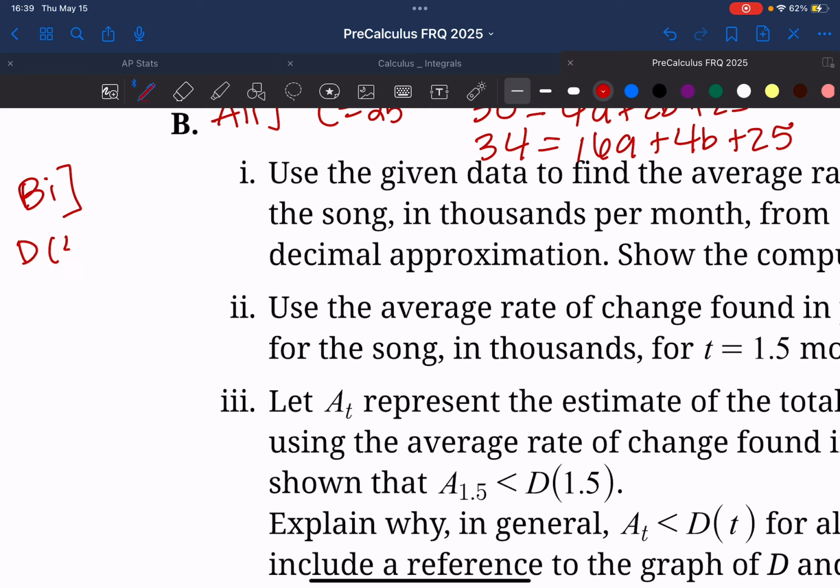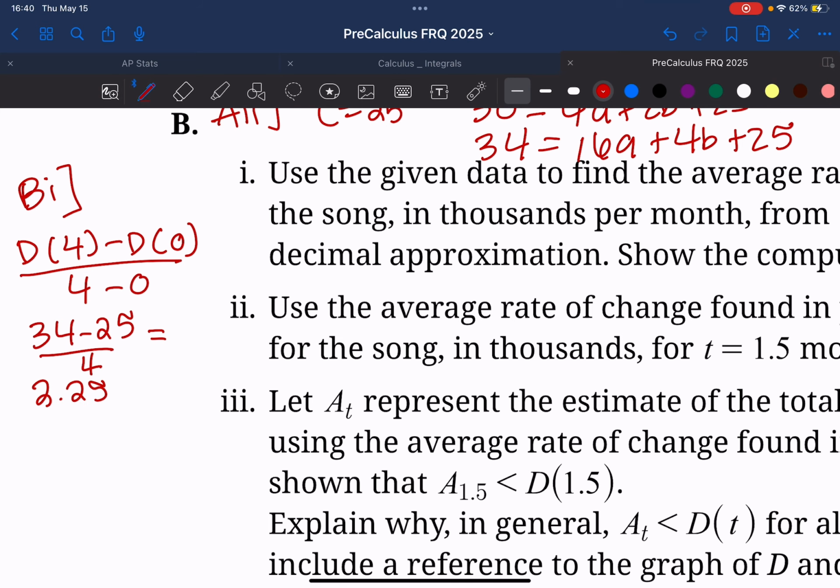So I'm going to do D of 4 minus D of 0 divided by 4 minus 0. And then looking at the table, I can plug in my values. So 34 minus 25 over 4. And this gives me 2.25 thousand per month.